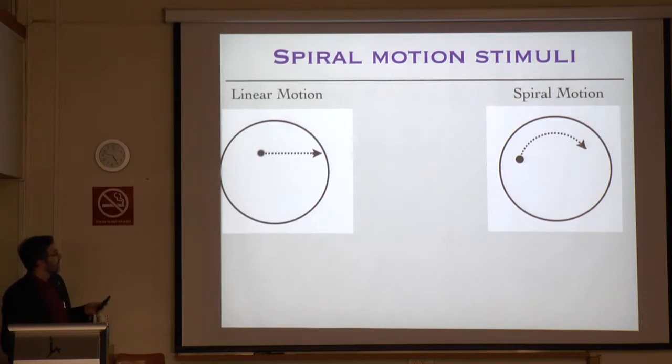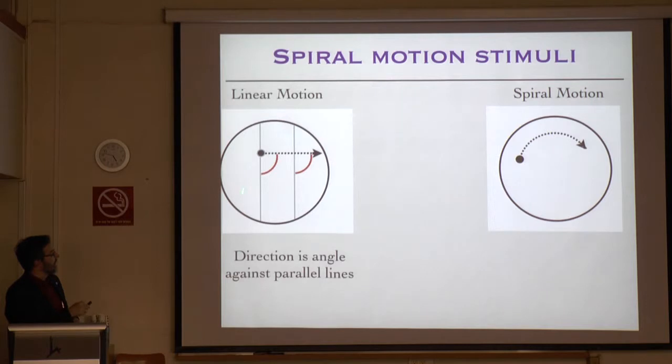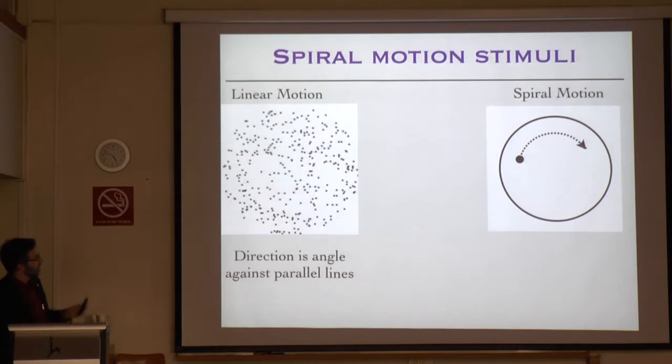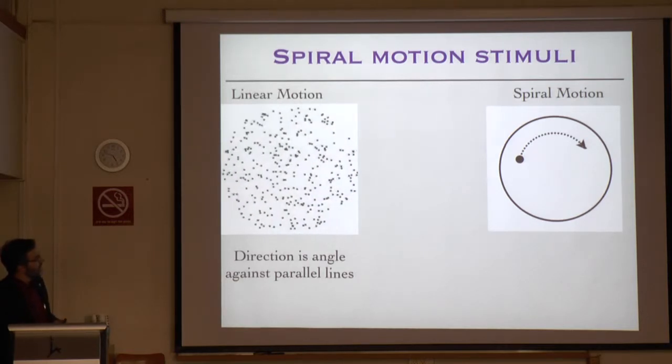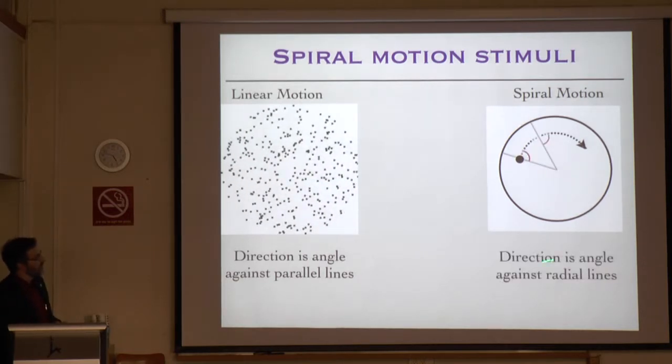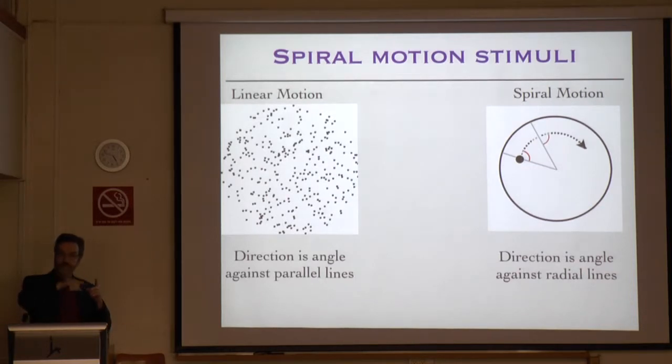Now, linear motion is easily described by the angle that the motion forms versus parallel lines. It turns out that these spiral motion patterns are equally well described by the angle that they form versus radial lines. So you get a similar space, a circular space where one stimulus turns into the other.